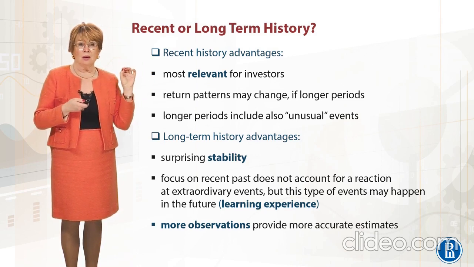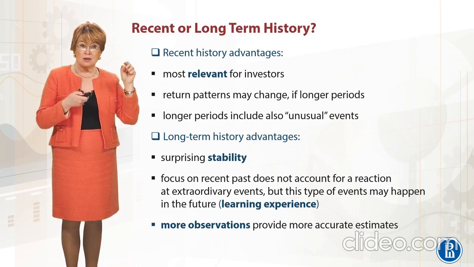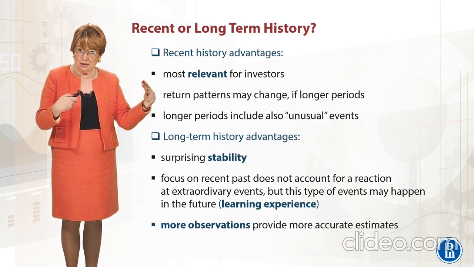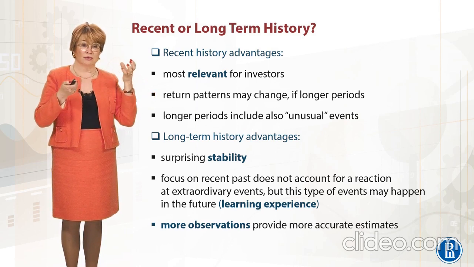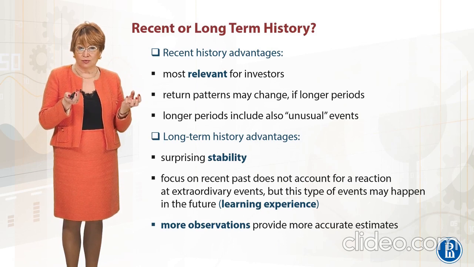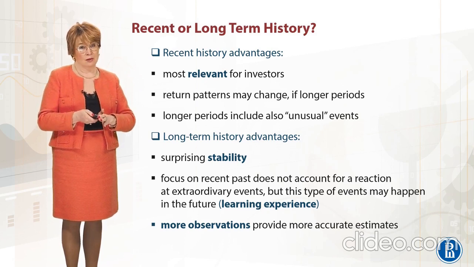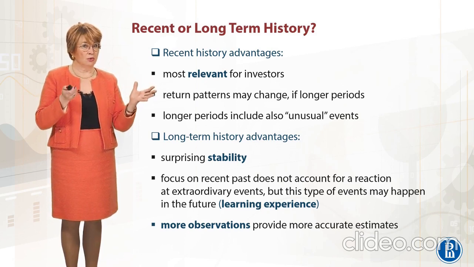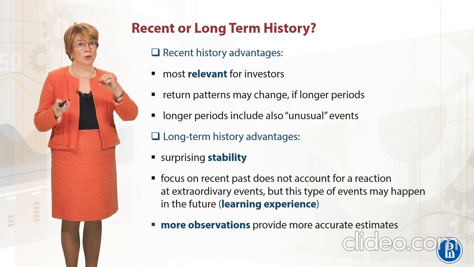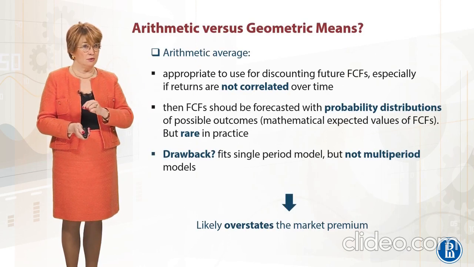This is their argumentation. And last but not least, the longer the period, the higher the number of observations. And the higher number of observations may provide more accurate statistical estimates. So we see that both approaches, recent versus longer-term history, may have some advantages and some disadvantages.